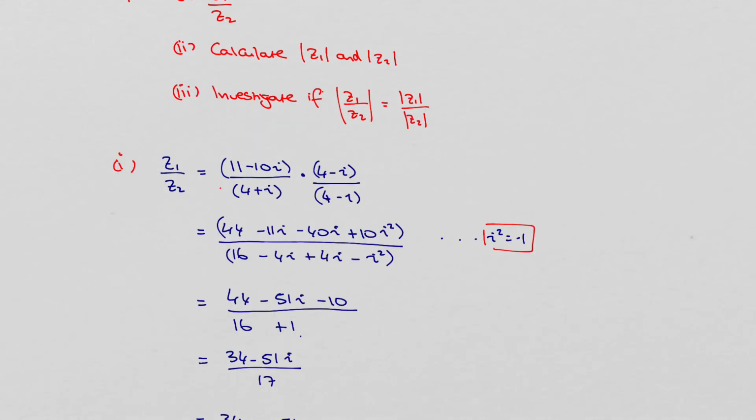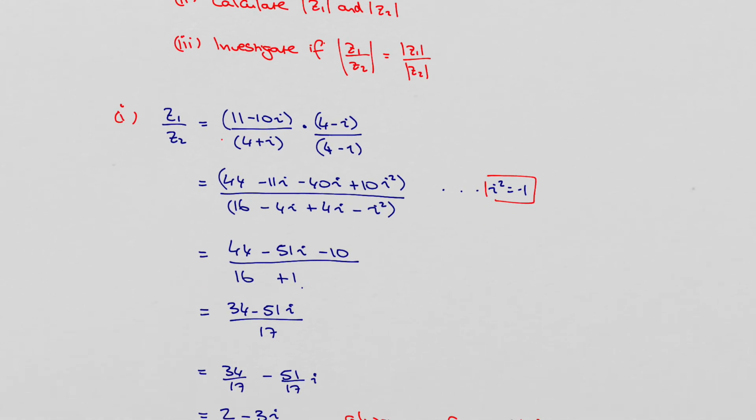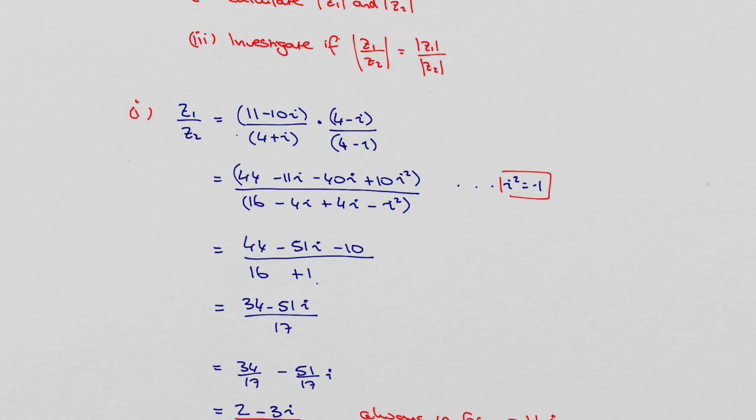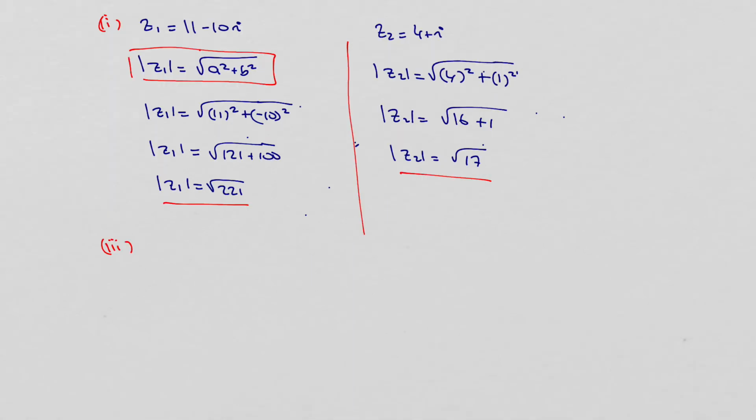Part 3 then says we have to investigate if I get the modulus of z1 divided by z2, is it the same as dividing the modulus of z1 by the modulus of z2? So in part 1 we've calculated z1 divided by z2 and we got it to be 2 minus 3i. So the left hand side here means we have to get the modulus of 2 minus 3i.